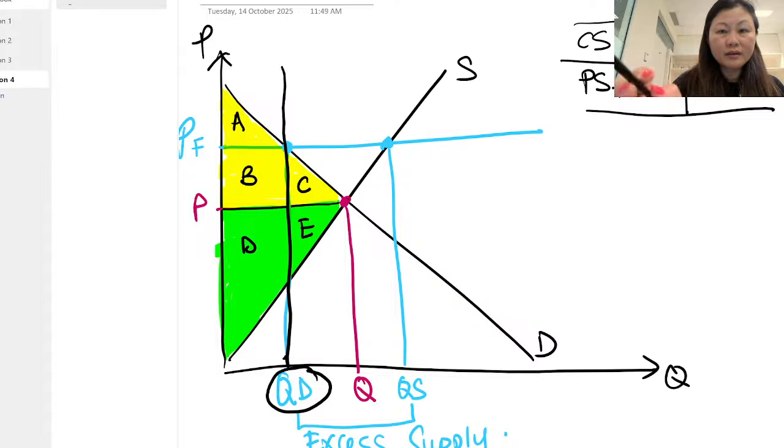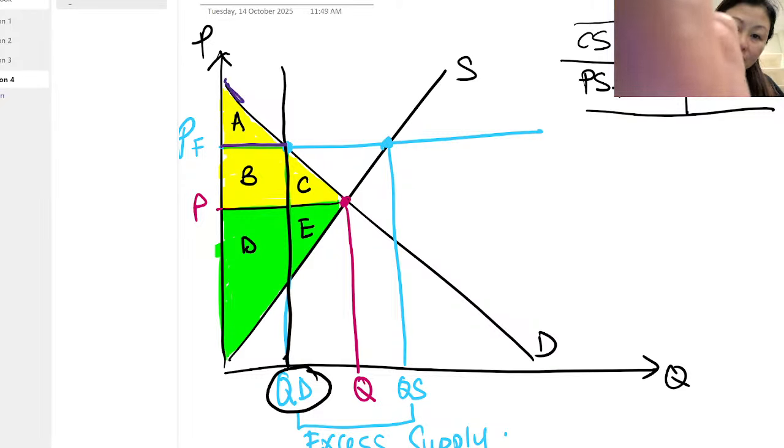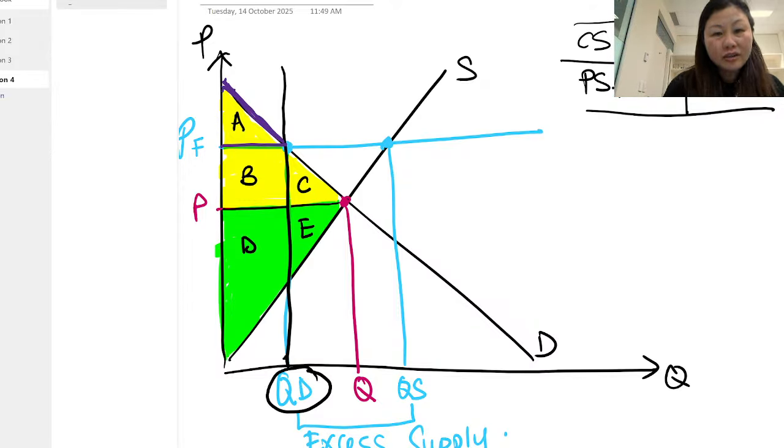Then we're going to take, okay, at this particular price, these are the people that have high willingness to consume, and so our consumer surplus has now shrunk from A plus B plus C to A. Our producer surplus, producers love it because now the price is higher.